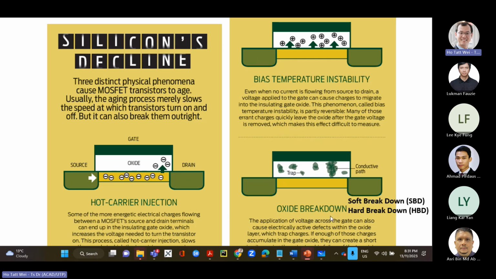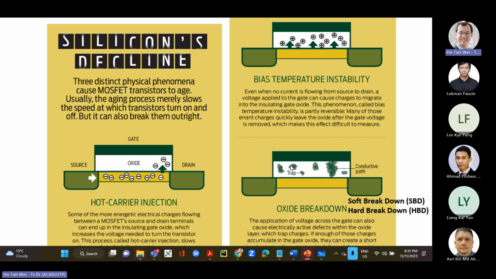If you can apply a voltage across the gate, you can actually create electrically active defects which trap charges. So over time, when the voltage is applied here, it's almost as if it's causing some of this oxide structure to maybe lose electrons or become damaged over time.